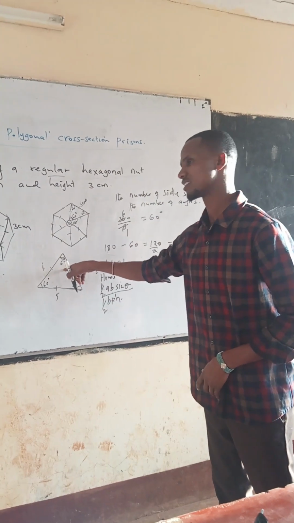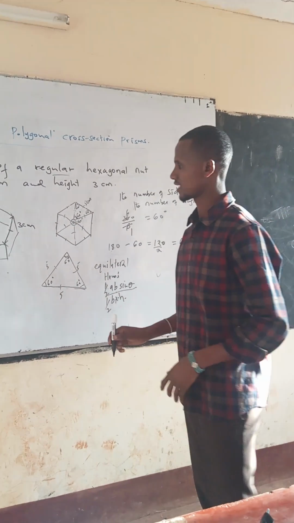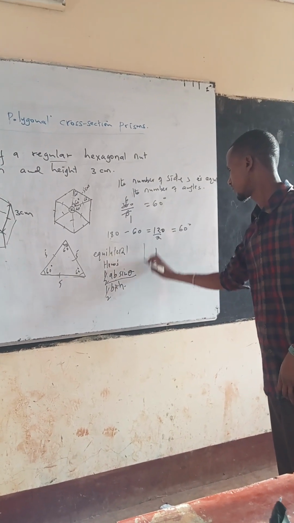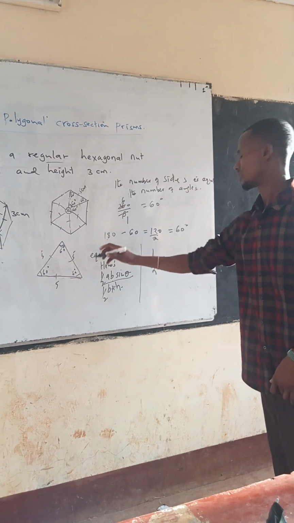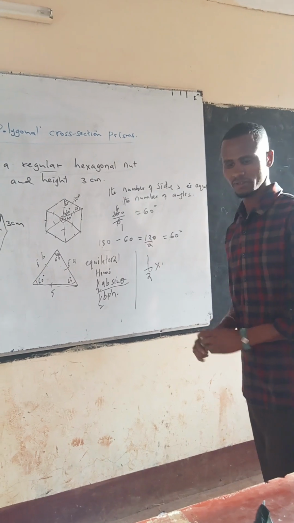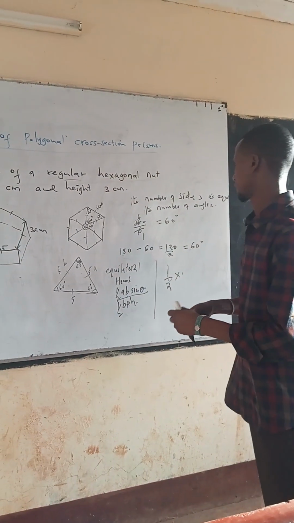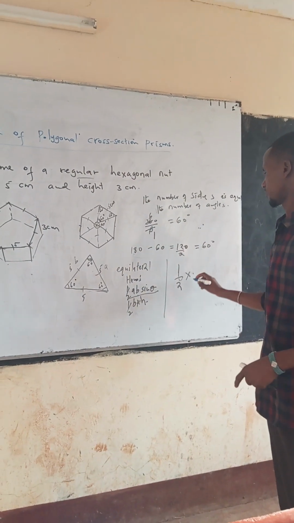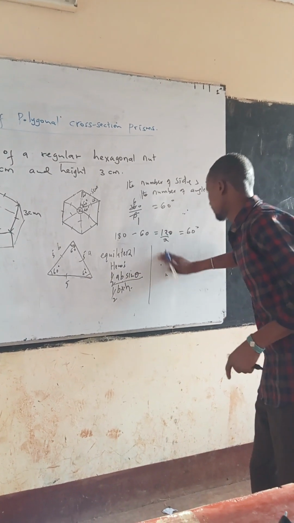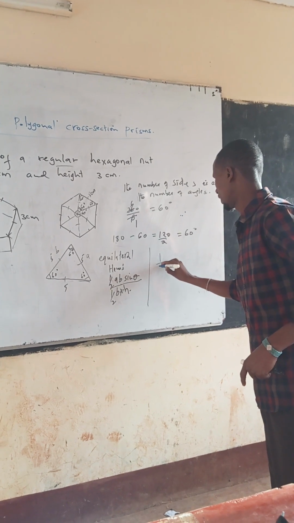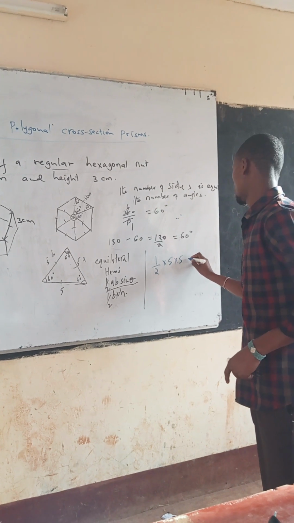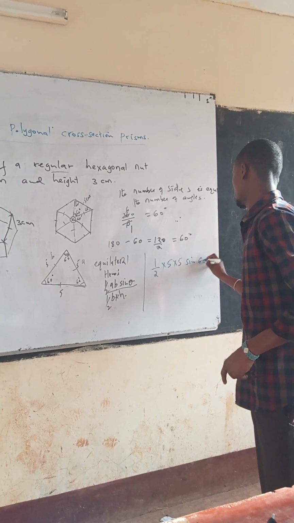To get the area of this triangle, we say 1/2 times A, this is our A and this is our B, times B, which is 5 times 5, sine 60 degrees.